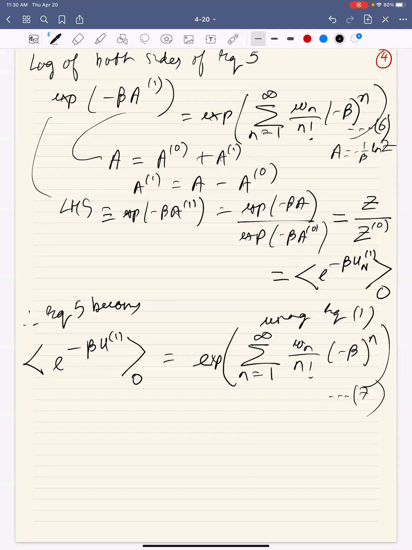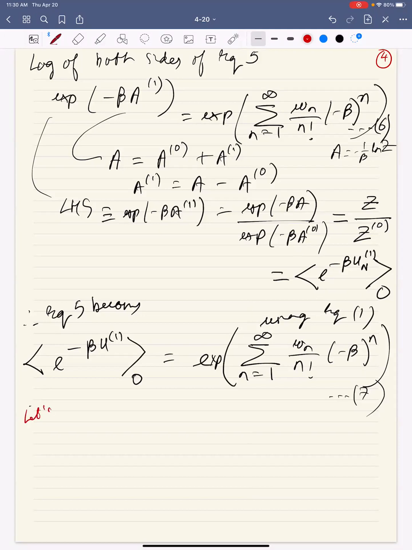In class, I'm going to show it to you only for W1, because W2 is pure algebra, and you will see why. There is nothing profound in it, but the same idea you just have to repeat for W2 and you can get it. So first, let's focus on the left-hand side.